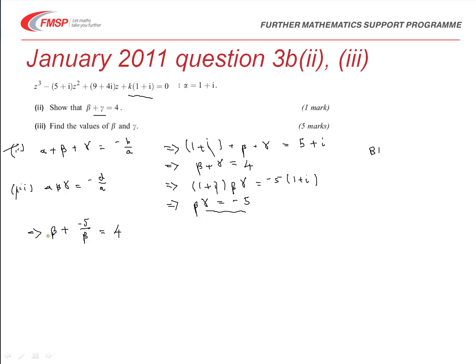We then multiply through by beta. We will have a quadratic, beta squared. Take the 4 across, we get -4 beta minus 5 equals 0.